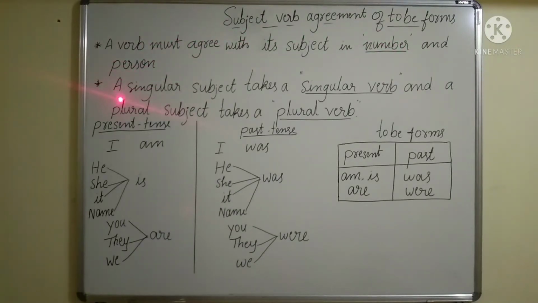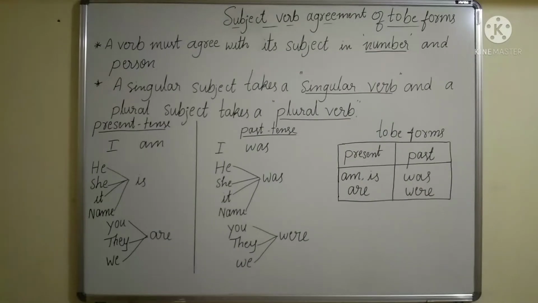Let's look at the second point. A singular subject takes a singular verb and a plural subject takes a plural verb. So this is very important. A singular subject always takes a singular verb and a plural subject takes a plural verb. So let's know more about it.